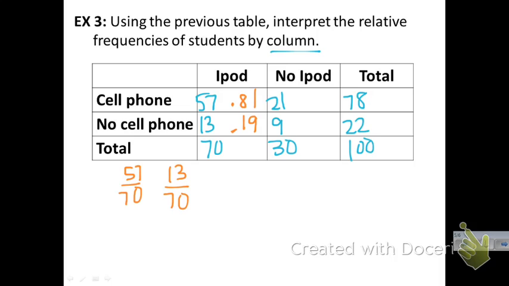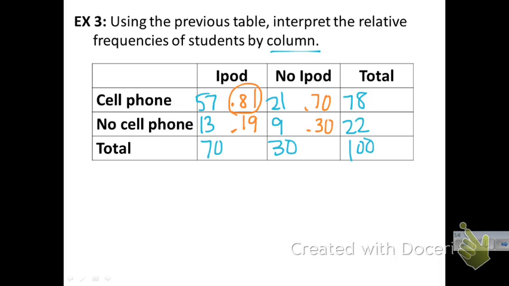Then in our other column, the no iPod column, we take 21 over the total 30, which is 0.70. And then we also take the 9 over 30, or we can say those two have to add to be 1, so we get 0.30 there. Now again, we want to analyze our greatest relative frequency. So we can see here that this 0.81 is the greatest.